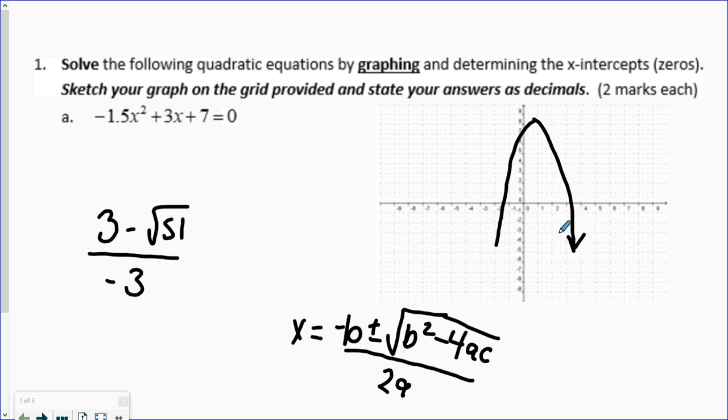And again, your graph doesn't have to be absolutely perfect, but it should be relatively accurate that your one point of intersection is between -1 and -2, and your other point of intersection is between 3 and 4. So you shouldn't have your intersections represented out here the way you did. You should have your close to where the maximum is.